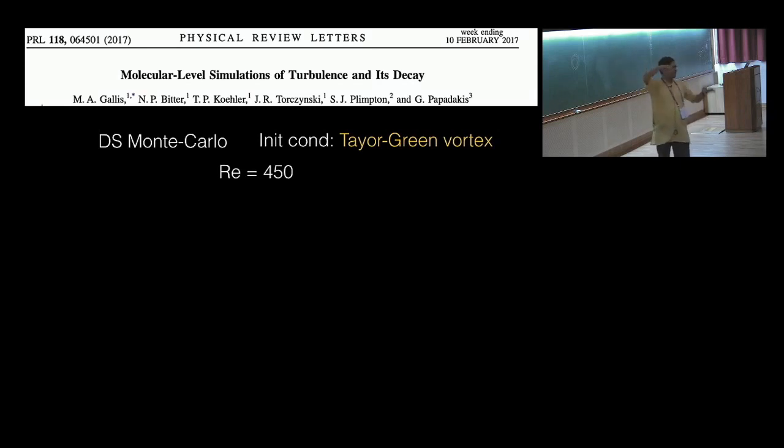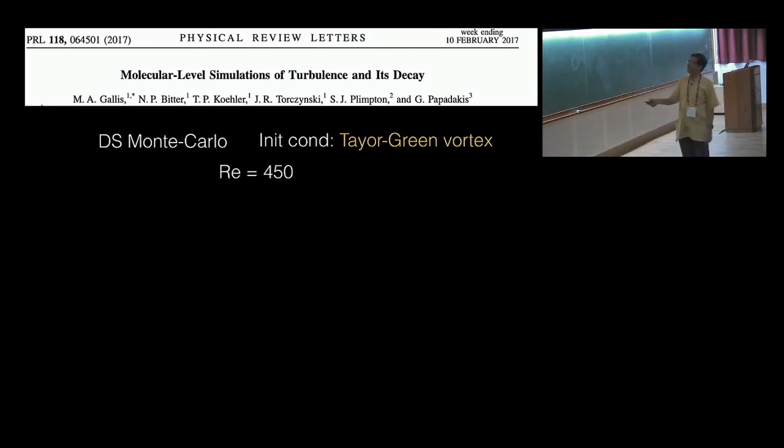Same Taylor-Green, large scale one vortex, and the Reynolds number estimate is 450. So viscosity is non-zero, and what does one get in this simulation? This is basically a particle simulation, it's not a hydro simulation. So with a particle simulation one may expect, well, this should be Boltzmann-like equilibrium, but this is not equilibrium.